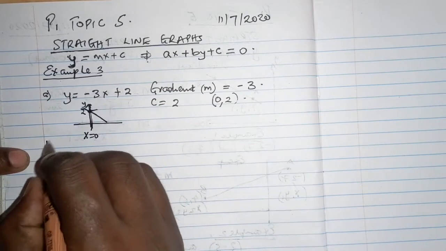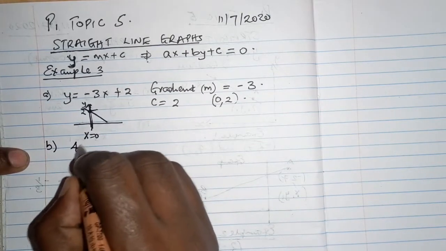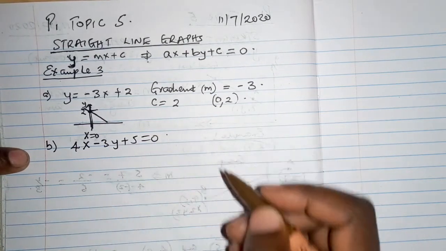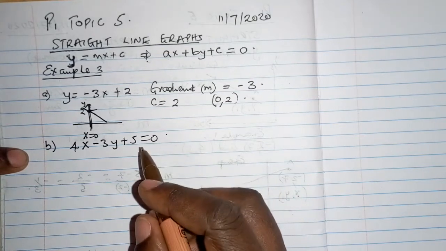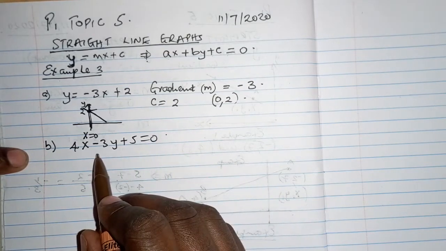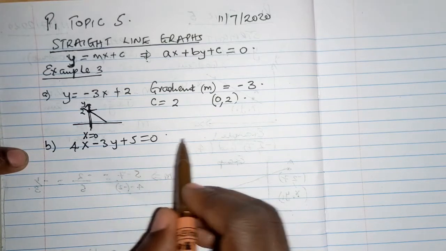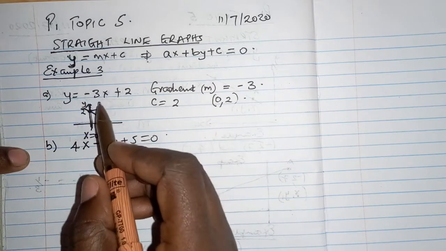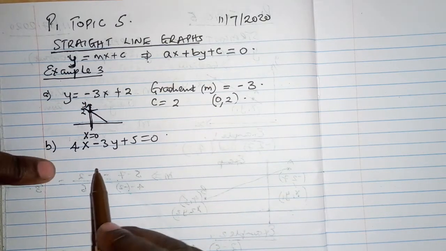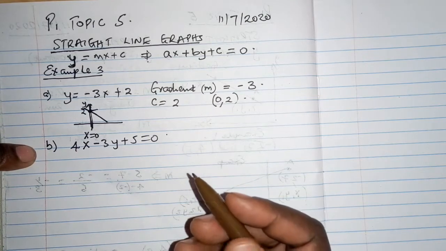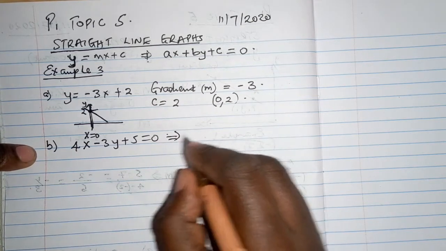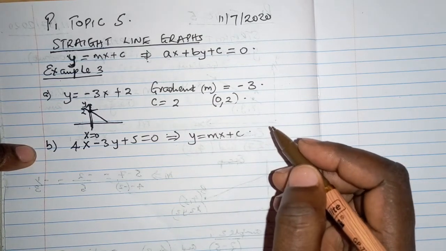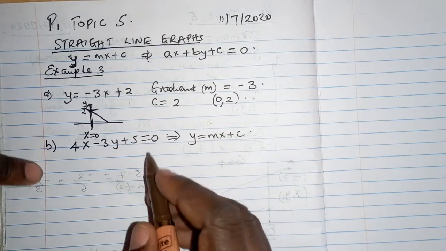Let's talk about part B. Part B is 4x minus 3y plus 5 equals 0. It is not very automatic to get the gradient of this equation because it is not in the form y equals mx plus c. So we must express it in that form by making y the subject of the formula.